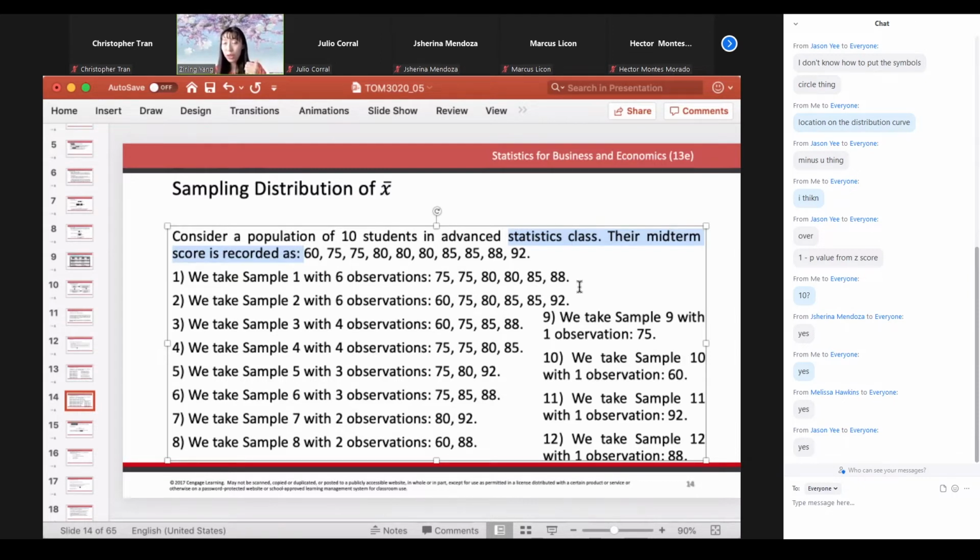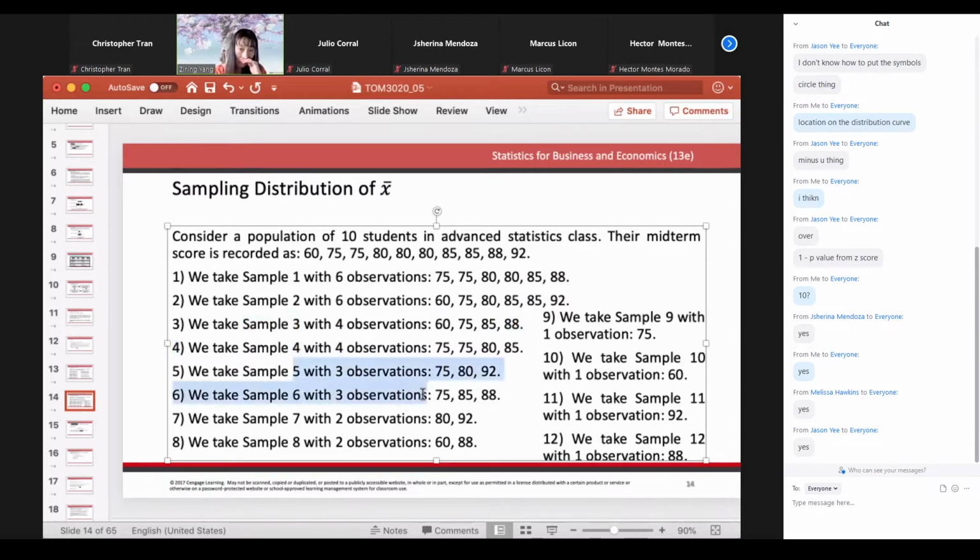Since we want to test how sample size affects standard error, now we take samples of different sizes. Sample 1 and sample 2 have 6 observations. They are really large samples. Sample 3 and 4 have 4 observations, smaller, medium-sized, but still pretty good.